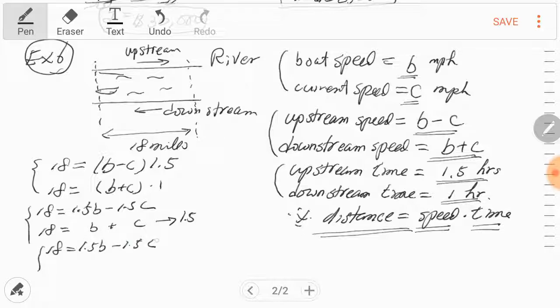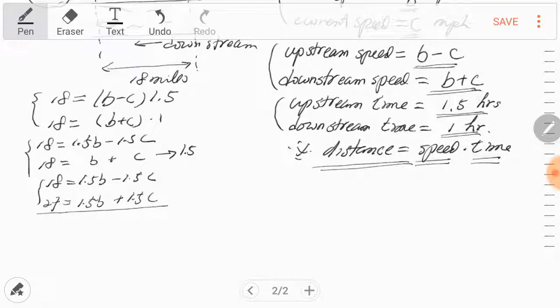The second equation is multiply 1.5, so 18 would be 27 equals 1.5b plus 1.5c. Add these two equations, then 45 equals 3b, c cancel out.